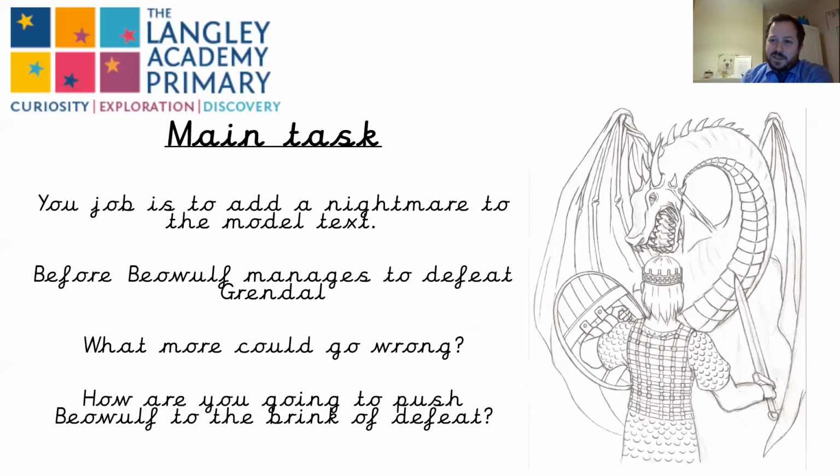Your main task for today's lesson is to add that nightmare moment to our story. What could go so horribly wrong for Beowulf just before he succeeds? Does Grendel throw him off and attack him and cause him injury before Beowulf is able to grab his arm and rip it free?